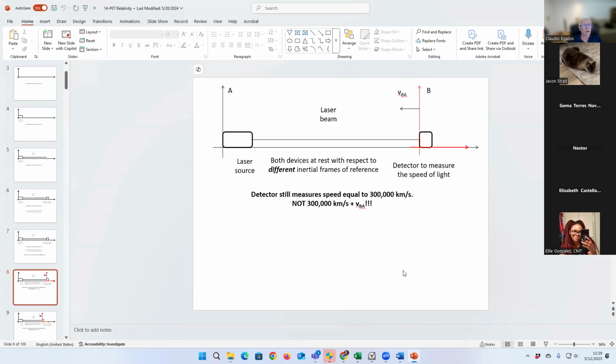Now let's change the situation. Now we have the laser at referential A and the detector at referential B. The detector is attached to referential B, and this referential B is moving towards the laser beam, okay?